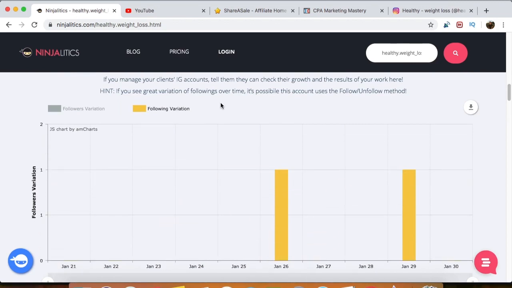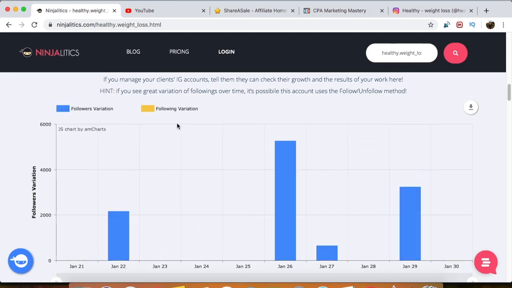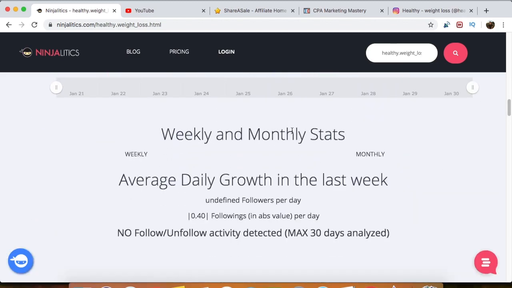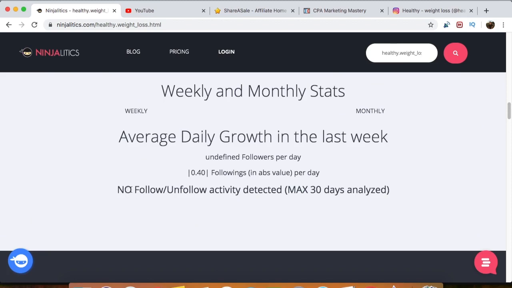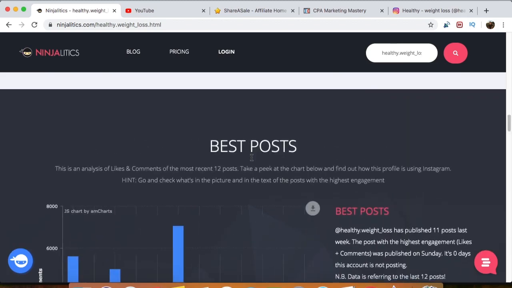If this is like 100, 200, 300 per day, that means this account is following people to get followers. Since there's just one following, that means this account is growing organically, which is awesome. It's growing every other day, and no unfollow activity was detected.